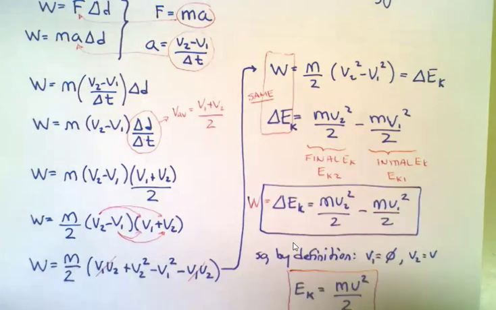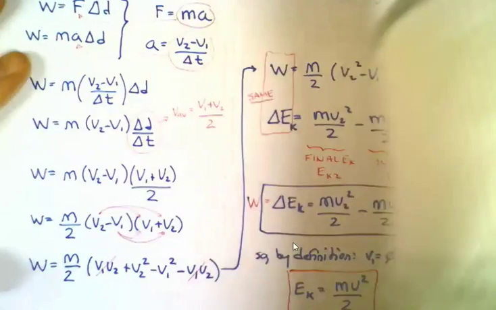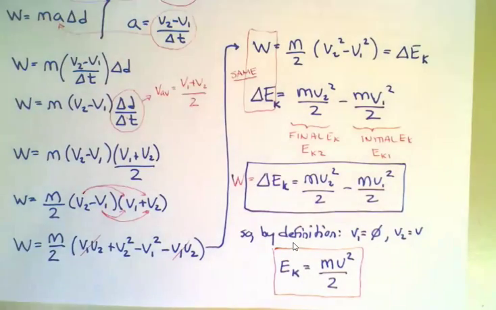So if you're asked at some point, what is the kinetic energy of an object moving at 20 meters per second with a mass of 1 kilogram? You would say, if I'm looking for the kinetic energy, what you'll notice is that it was accelerated from 0. So it's really saying, assuming it was accelerated from 0, how much energy would it have at that point?